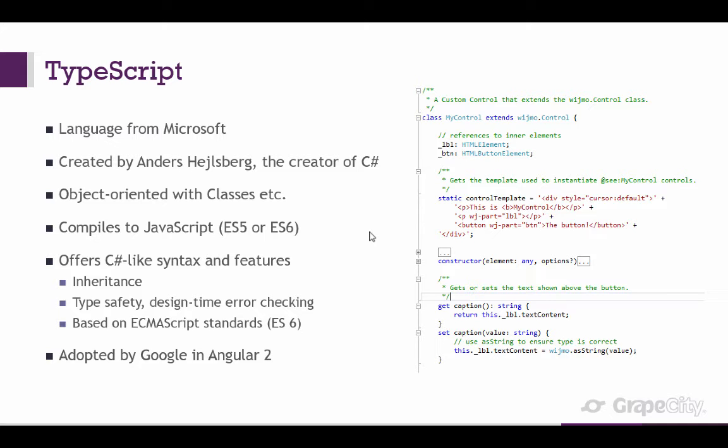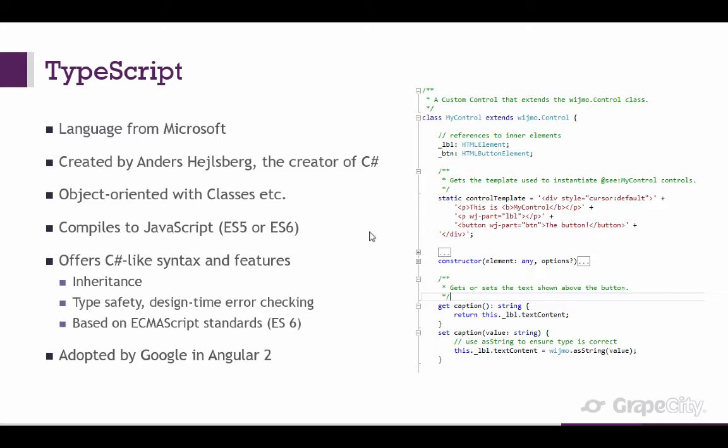We have type safety, so as we're developing, we can have strong typing. We get design time error checking, and it's based on standards, so we know we're kind of forward thinking and kind of future proof by using it.